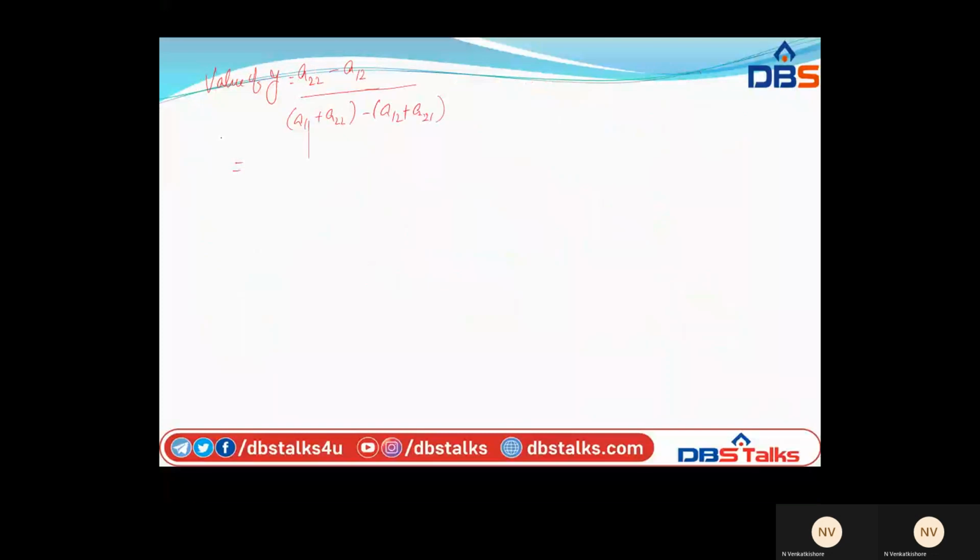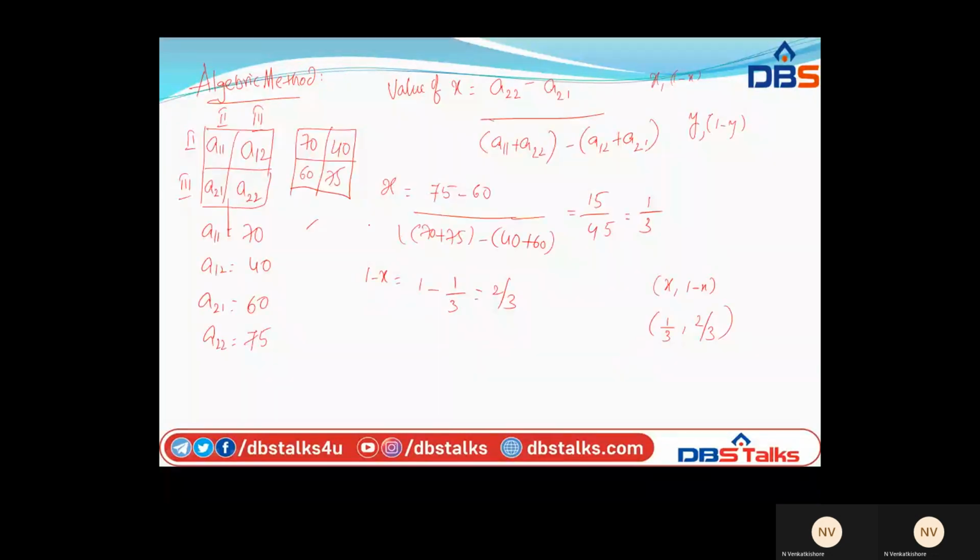Then finally substitute the values. Without calculating, we know the denominator is 45, which was already found previously. So the denominator is 45.